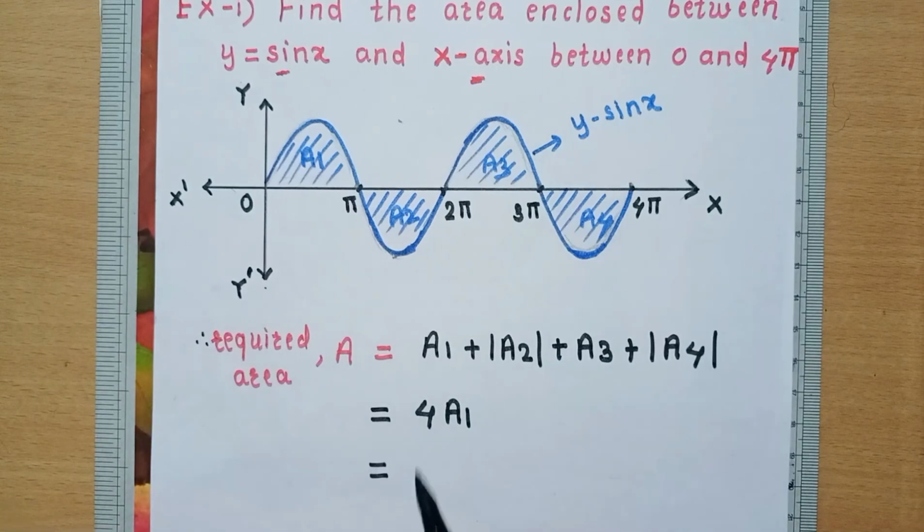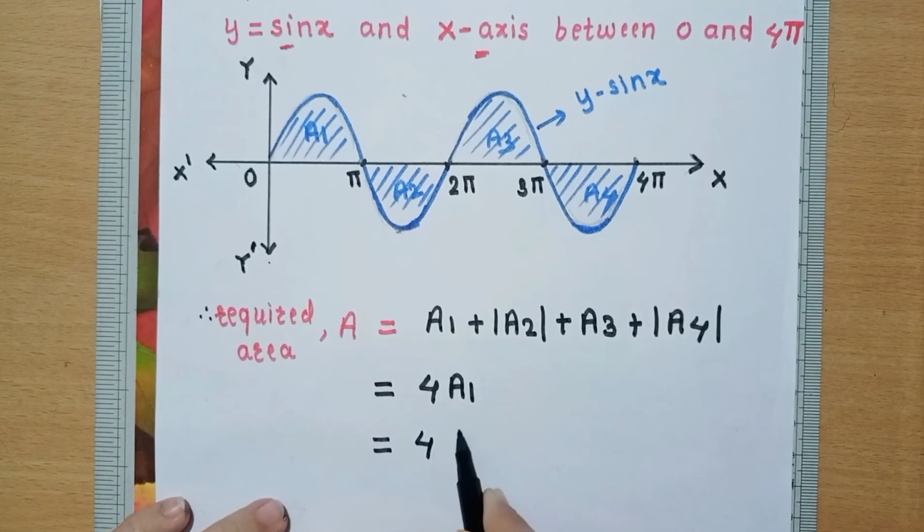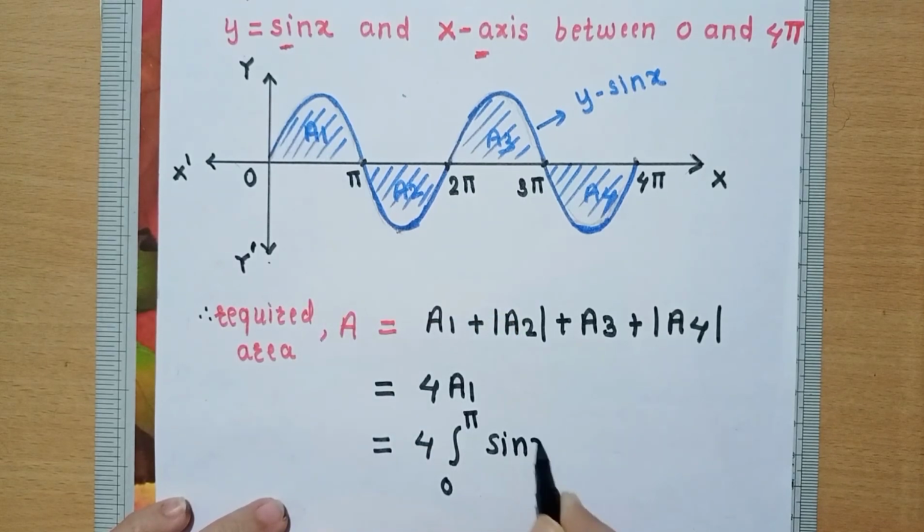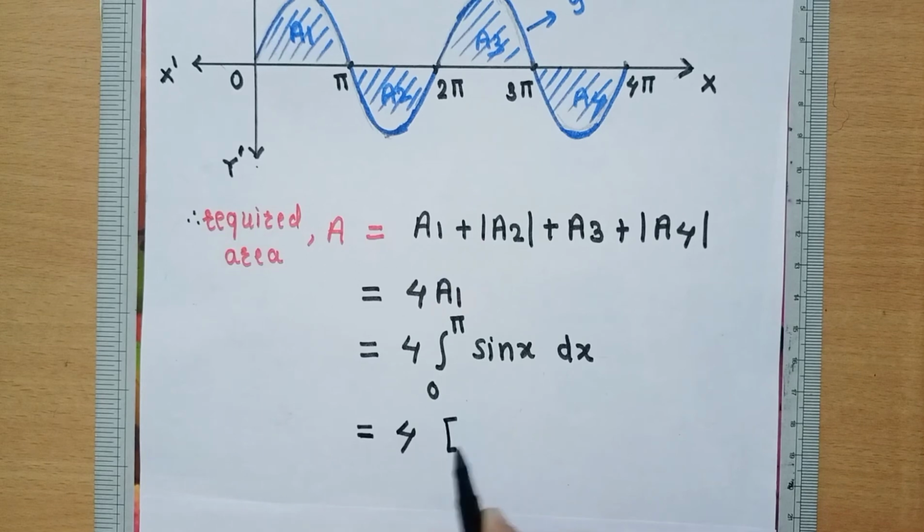So this is equal to 4 times the integration. Now A1 means the limits 0 to pi, and the function is sine of x dx. The integration of sine x is minus cos of x, with limits from 0 to pi.